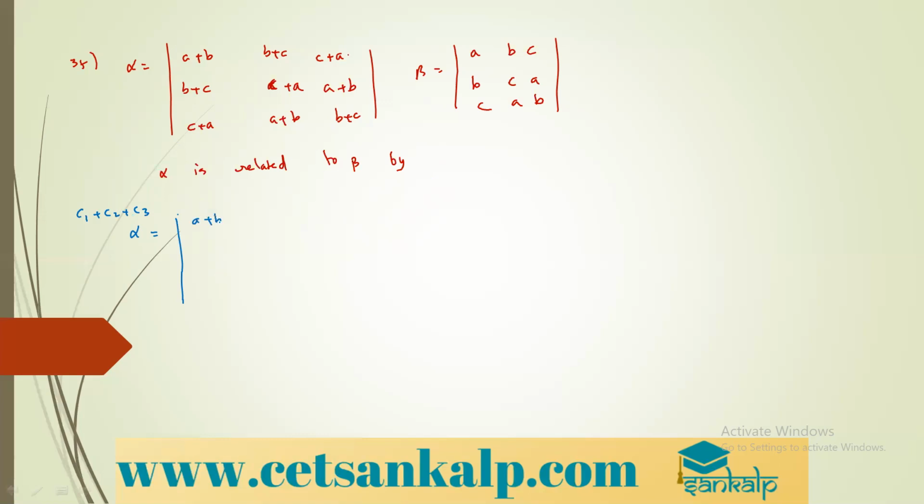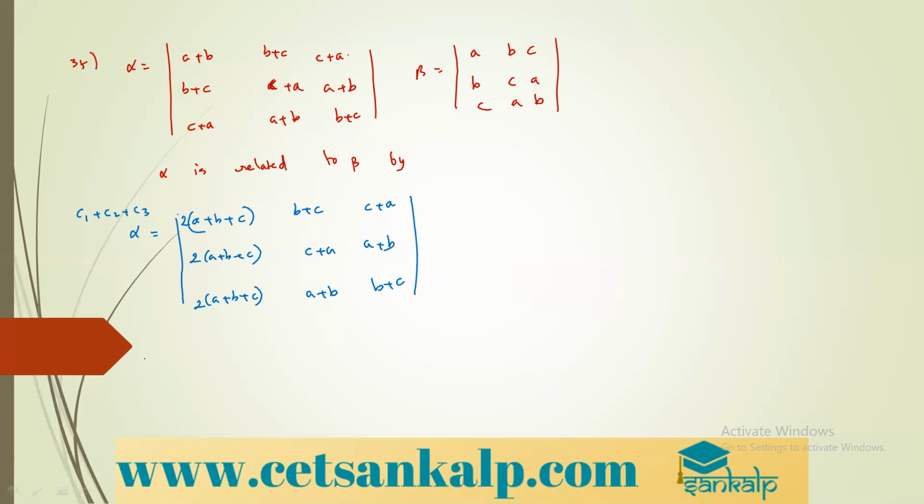So a plus b plus c twice, b plus c, c plus a. Twice of a plus b plus c, twice of a plus b plus c. C1 will change. C2 and C3 will remain the same.